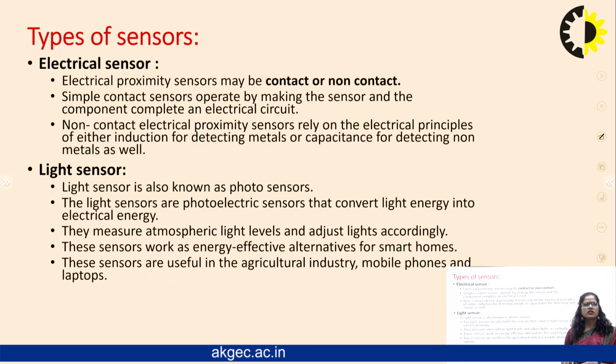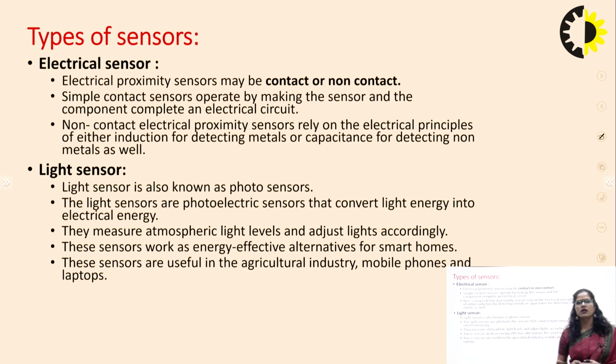Next, we will talk about some kinds of sensors. Definitely we have a huge number of types of sensors, but here we'll talk about some specific sensors which are more familiar, because in today's era we feel the use of these kinds of sensors somewhere. So we will talk about electrical sensors. What are electrical sensors? Electrical sensors are electric proximity sensors, which may be contact and non-contact.